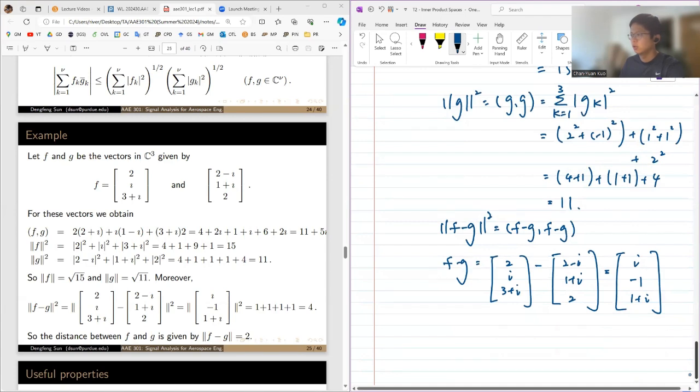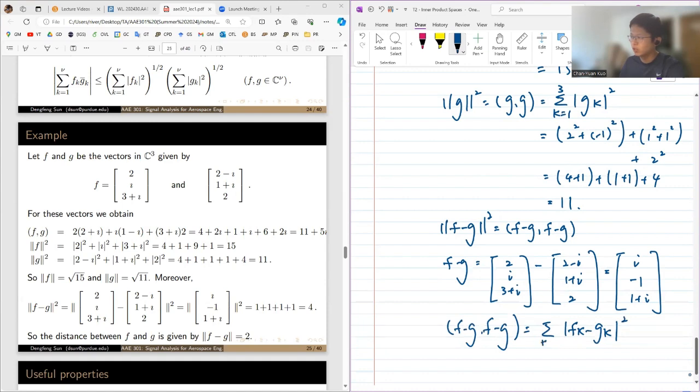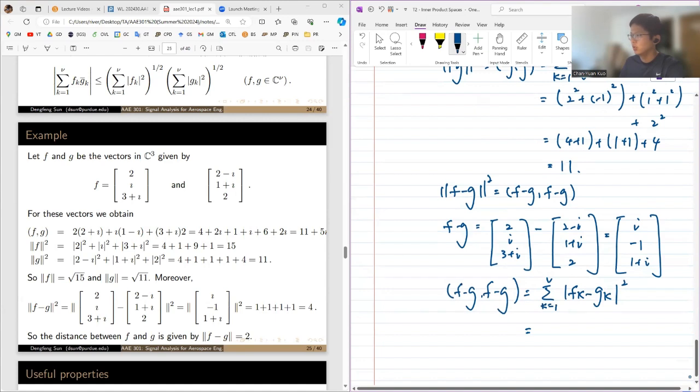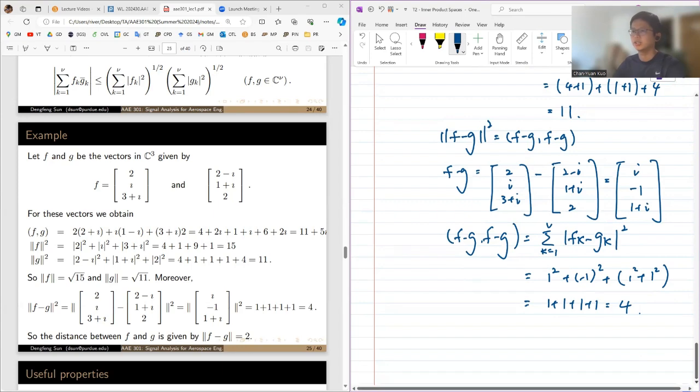So the inner product of f minus g and f minus g will be this summation of the absolute value of fk minus gk squared, k from 1 to ν. That's going to be 1 squared plus negative 1 squared plus 1 squared plus 1 squared, and that's 1 plus 1 plus 1 plus 1, which is 4. Okay, great.